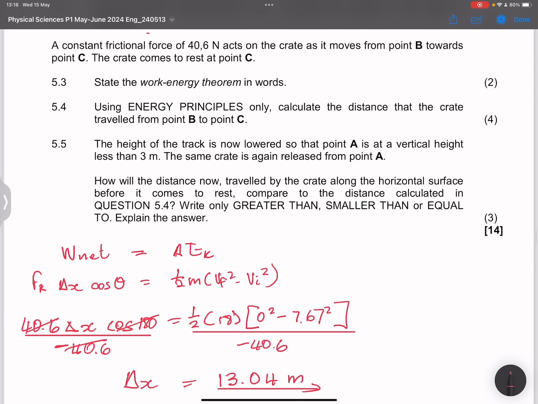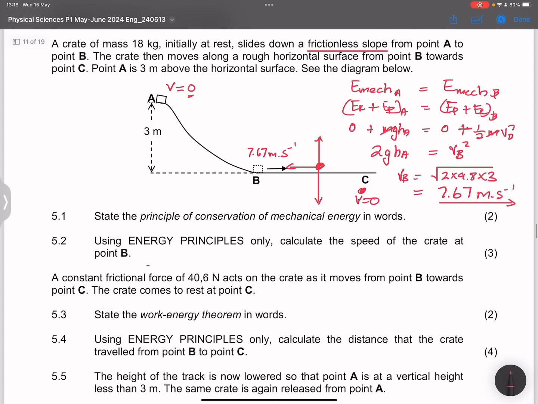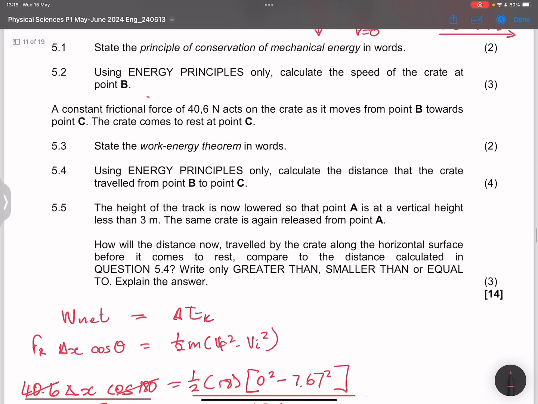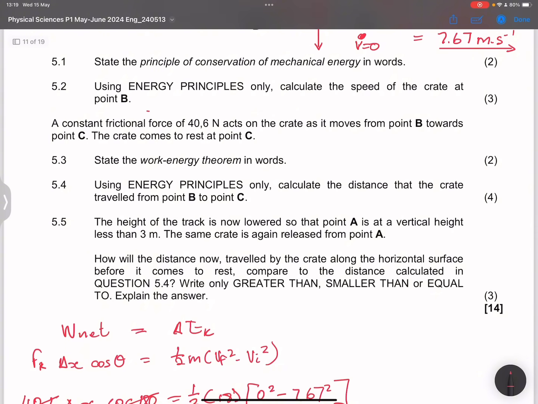Right, and the next question, they say the height of the track is now lowered so that point A is at a vertical height of 3 meters. The same crate is again released from point A. Okay, so let's see. All right, so we've lowered the height of the track.